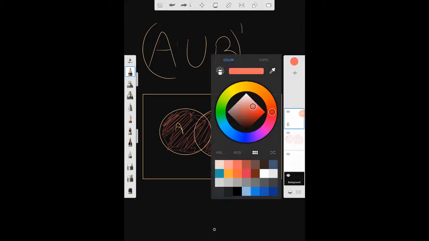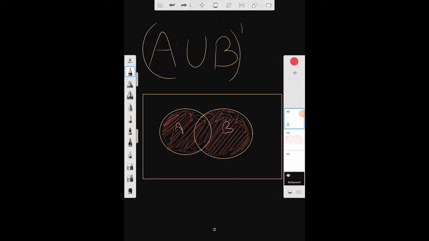So let me go for that. I'll take the color red and I will shade this part. So this is my part which I have not shaded before.